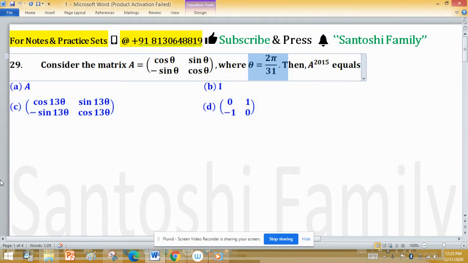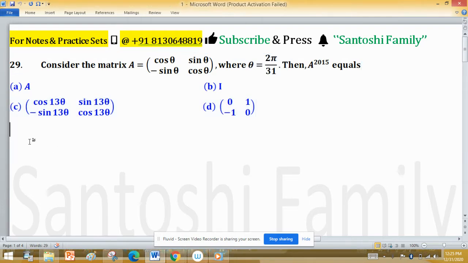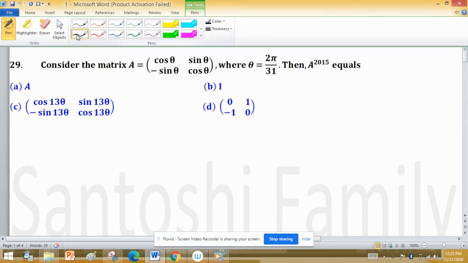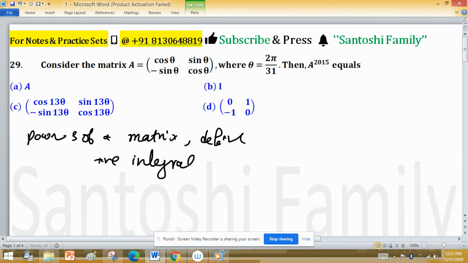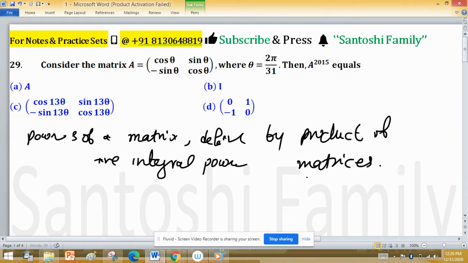Now this type of problem can be solved using powers of a matrix. A positive integral power of a matrix is defined by the product of matrices.